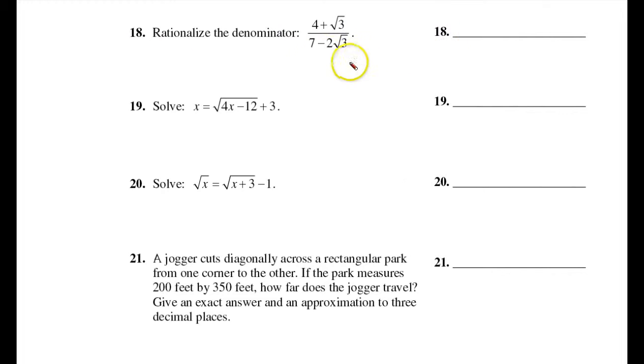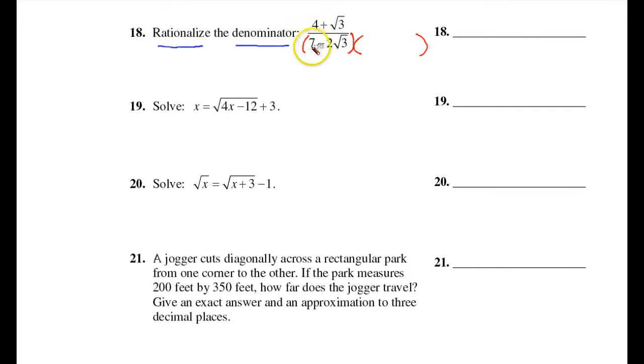Now here we're asked to rationalize the denominator. Here our denominator, because of the square root of 3, is irrational. And the technique we use for this is we multiply the denominator by its conjugate.